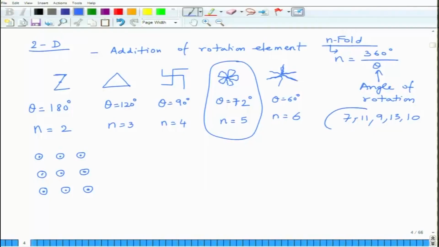There is another class of materials which show 5 fold symmetry called quasi-crystalline materials, but they are non-equilibrium materials. So, similarly other symmetries are also shown by those materials, 10 fold symmetry or 9 fold symmetry. They could be shown by some materials, but they are not seen in crystalline materials normally.